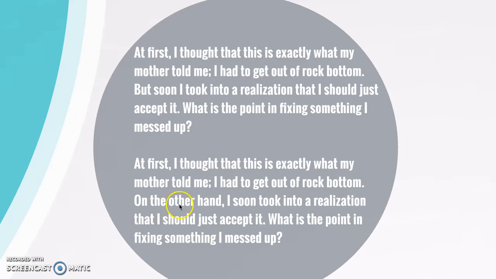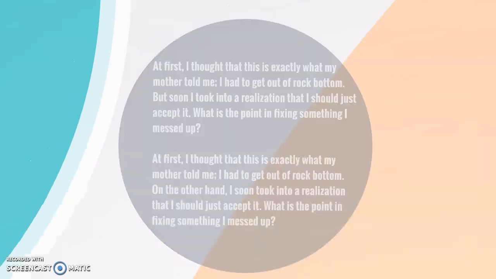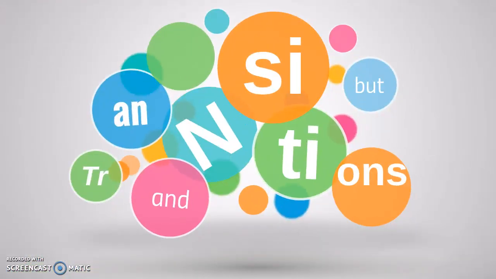So saying on the other hand makes us stop and think, oh, we're switching. We're switching our viewpoint from whatever was said here to what's now going to be said here. So it just brings more pause to the mind of the reader, and it helps them to really be on the same page as you are as the writer, which is what we want. We want our message to be fully received and heard.